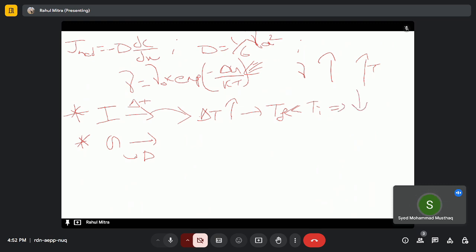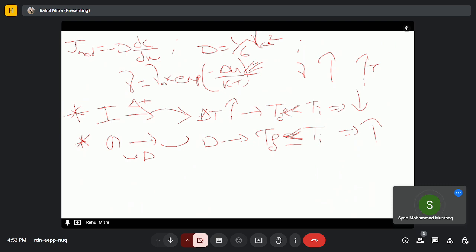But what about the growth rate? The growth rate depends upon the diffusion. The diffusion is directly proportional to the temperature. So the higher the temperature, the higher the diffusion. TF should be near or equal to TI, then we have a higher diffusion.